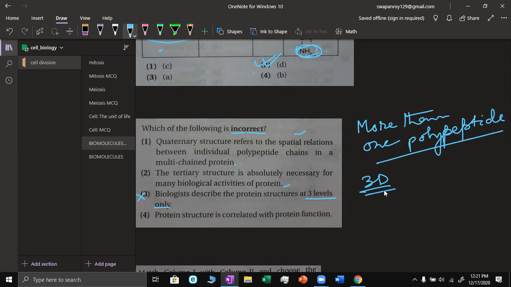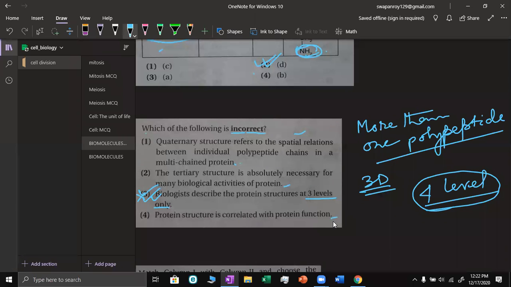Biologists describe protein structure in 4 levels. These 4 levels are primary, secondary, tertiary, and quaternary. So there are 4 levels, and this one is incorrect. Protein structure is correlated with protein function.